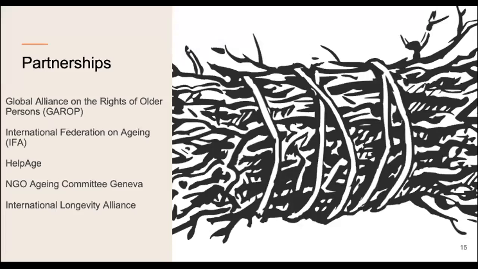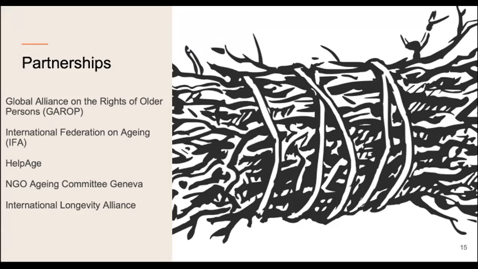We can visualize our global civil society organizations as twigs in the Advocacy Bundle, which is strong and unbreakable. And this is why IHP supports or joins other organizations such as GARAP, the Global Alliance on the Rights of Older Persons, the IFA, the International Federation on Aging, HelpAge International, the NGO Committee on Aging in Geneva, and the International Longevity Alliance.